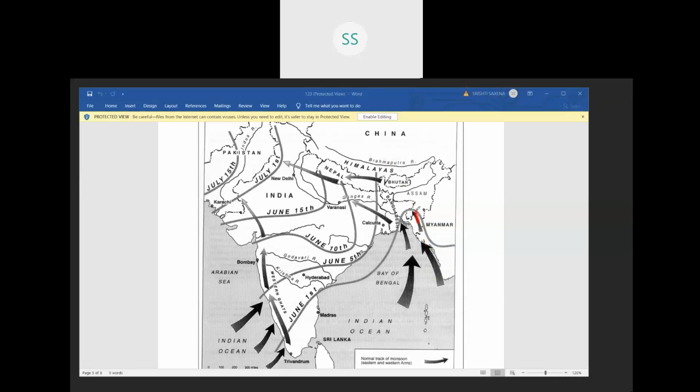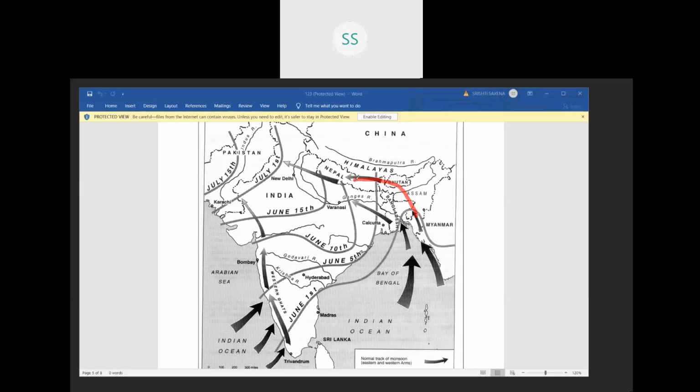The winds will move to Assam and deflect. The direction is already drawn. So the winds will move like this, and you can see they have changed direction.